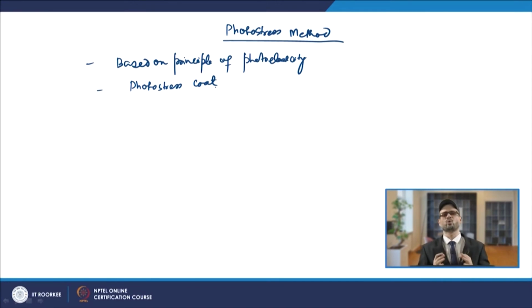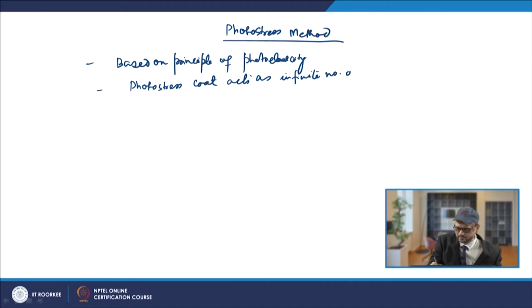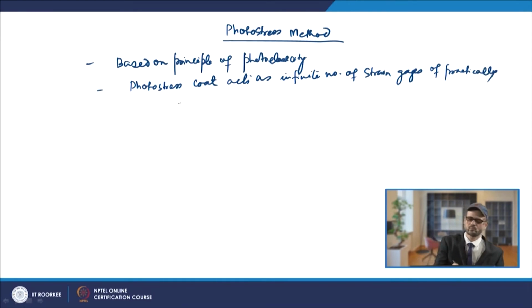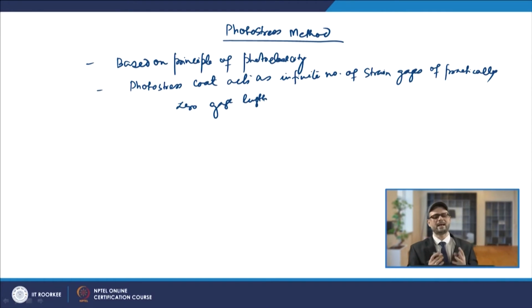The photo stress coat acts as an infinite number of strain gauges, of practically zero gauge length, and they are uniformly distributed over the surface where the stress is to be calculated.